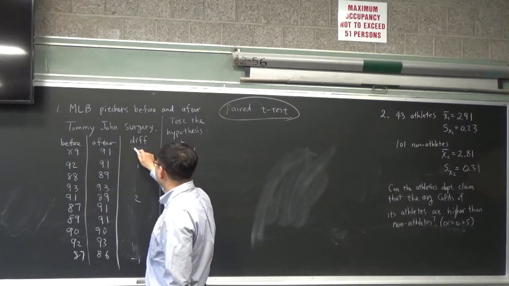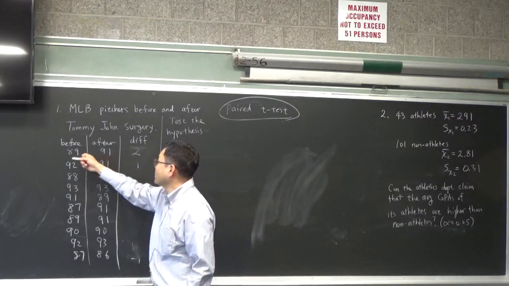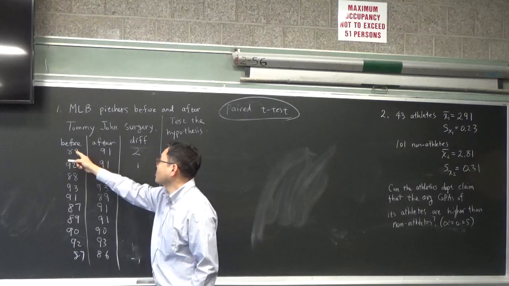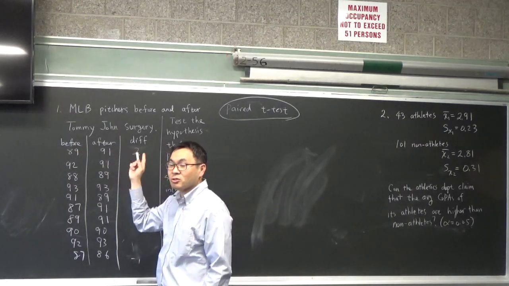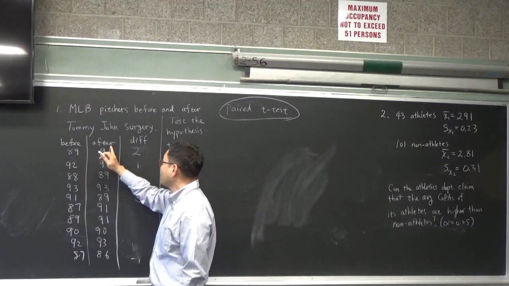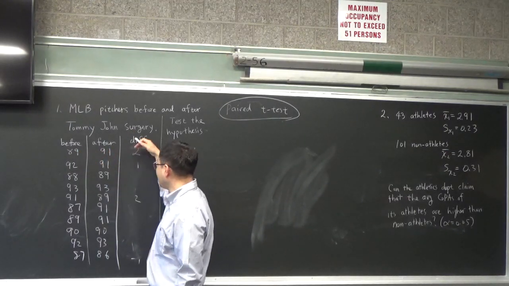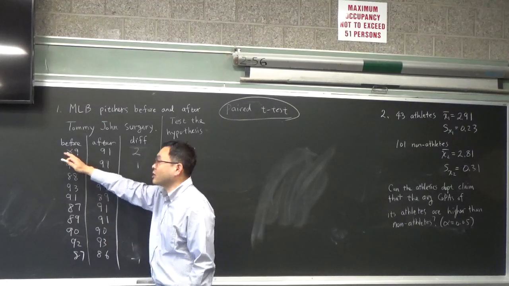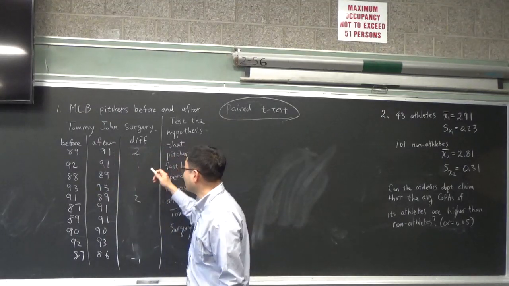The difference would be this minus this, or you can do this minus that. The meaning will change, but you have to be consistent. If you want to write b minus a, you have to be consistent for everything. If you want to do a minus b, you have to be consistent for everything.